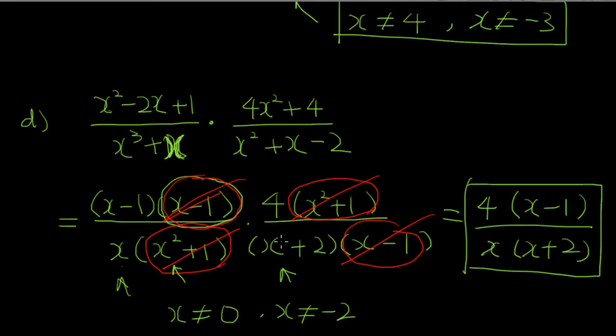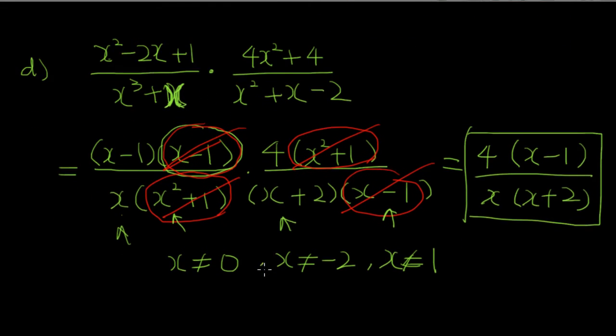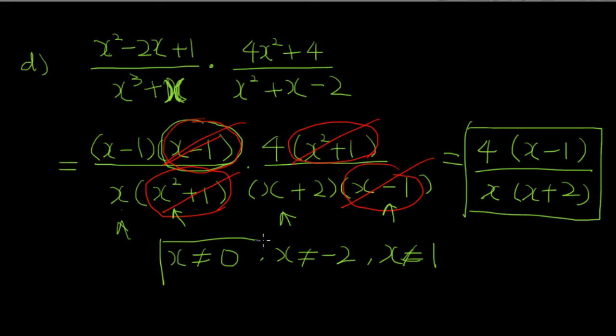If this is -2, that becomes 0. And from here, we do not want x to be equal to 1, right? If it's 1, then 1 minus 1 equals 0. So all this that we do not want x to be, and every other x is fine, right? And that's our answer.